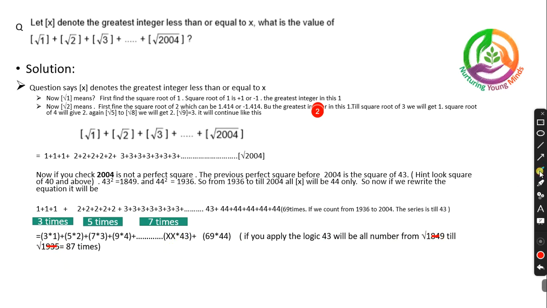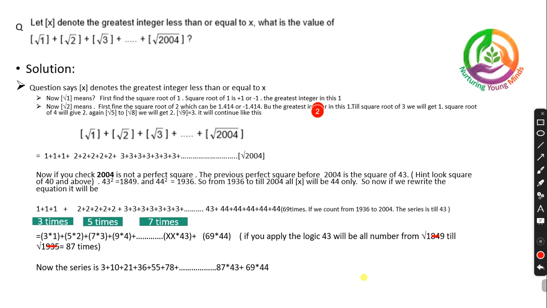So now we have identified that the series will be 3 into 1 plus 5 into 2 plus 7 into 3 plus 9 into 4 plus dot dot 87 into 43 plus 69 into 44, correct? So the series is like this. Now we got the clarity, the series looks like this.